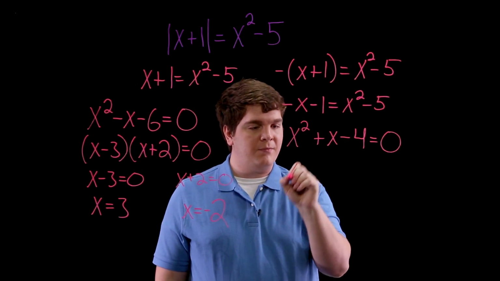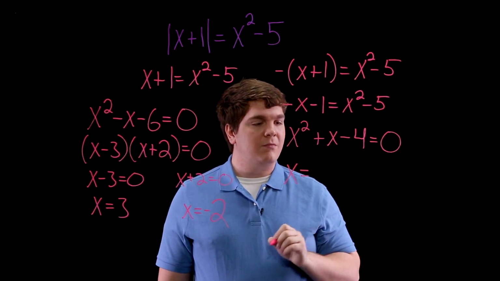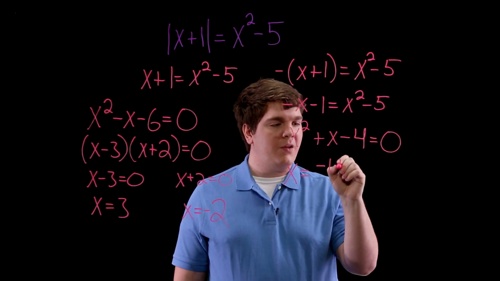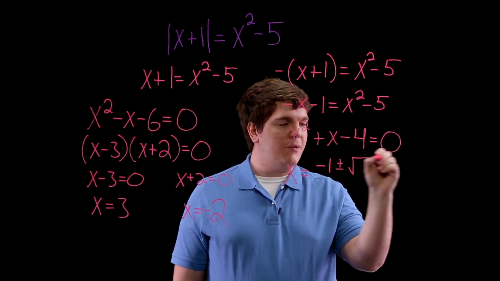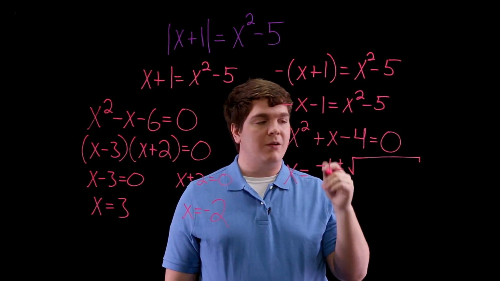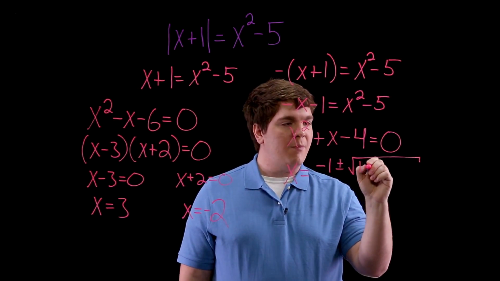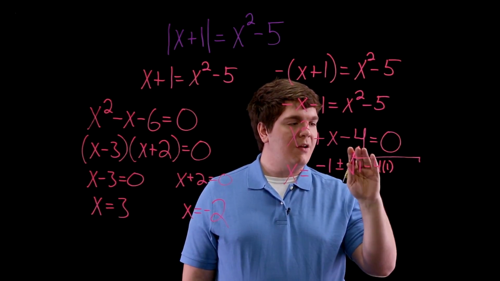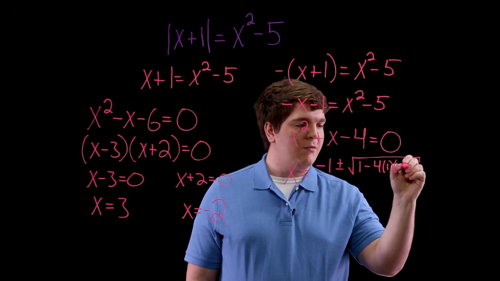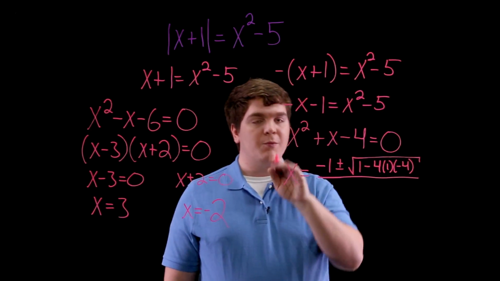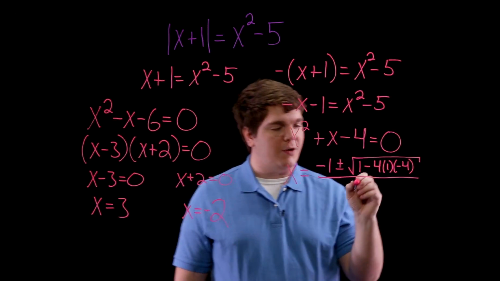Now since this does not factor, we'll use the quadratic formula to find the two solutions to this equation. So x is equal to negative 1, since our b term is 1, plus or minus the square root of 1 squared, which is 1, minus 4 times a, which is 1, times our c term, which is negative 4, all divided by 2 times a, which is just 1.